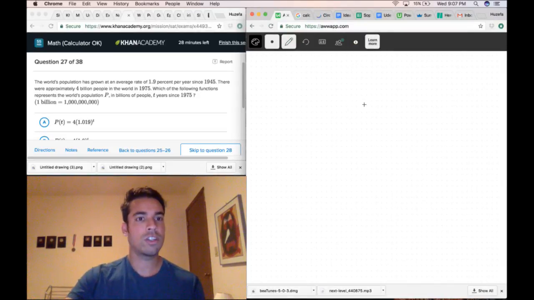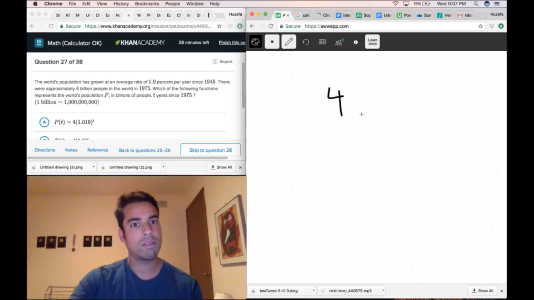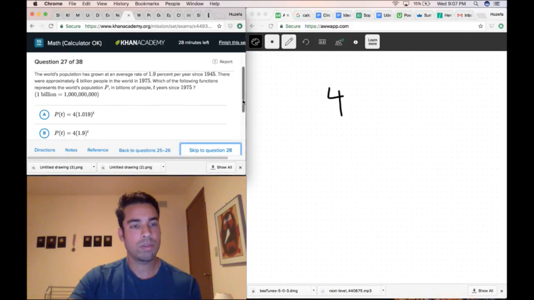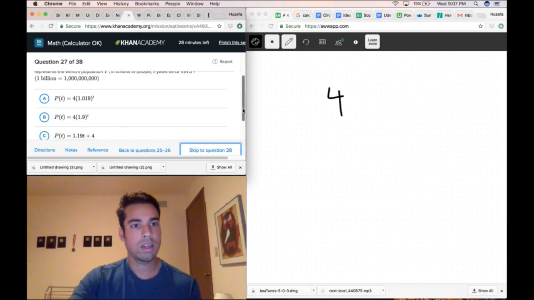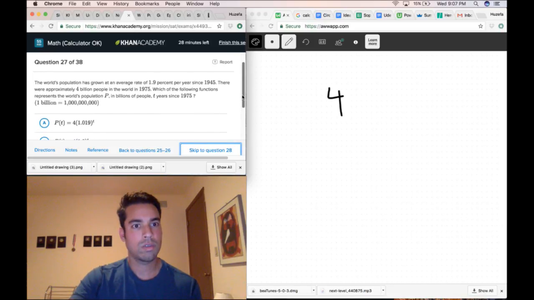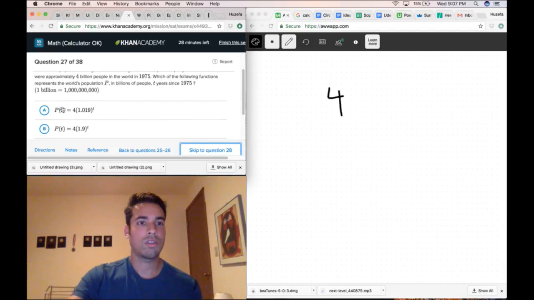The world's population has grown an average of 1.9% since the year 1945. There were approximately 4 billion in 1975. Which of the following functions represents the world's population P in billions of people t years since 1975? So this is an exponential function, and we're growing at a rate of 1.9%. Here's the starting point.